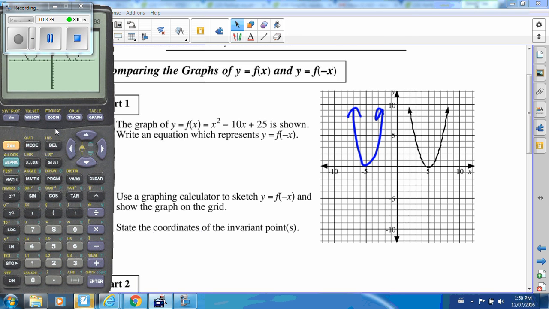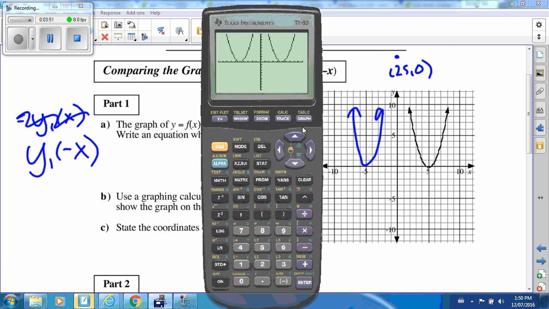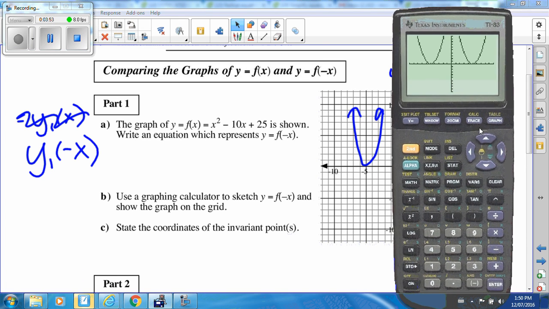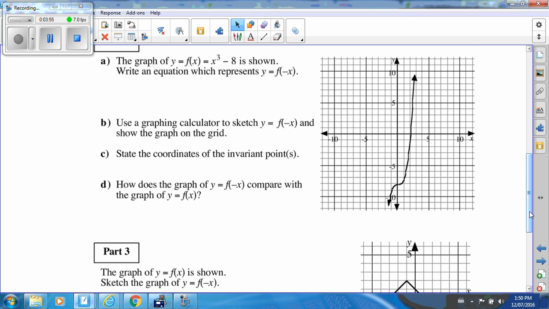The invariant point, well, we can't see it very well, but way up here at 25, 0, there's going to be an invariant point. With this one, all the x coordinates are going to flip, so it's going to look something like that.